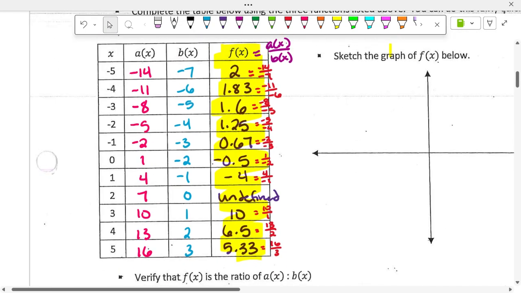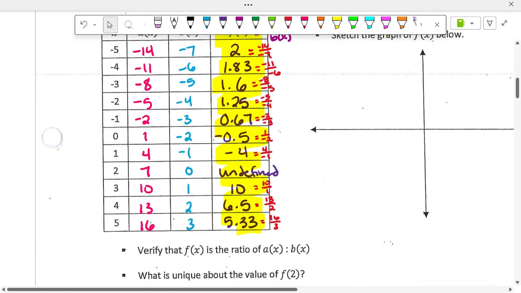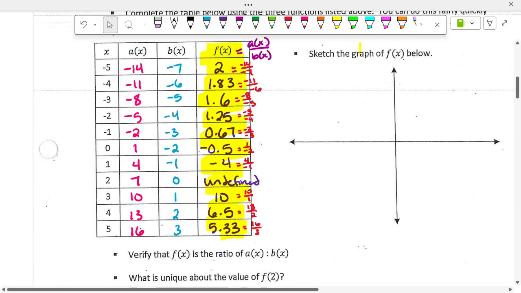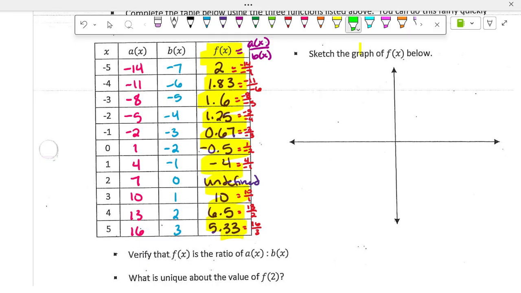What should happen when you test these is that everything in this highlighted column is the same thing as the first column divided by the second column, not including the x column. So if a of x divided by b of x is equal to f of x.